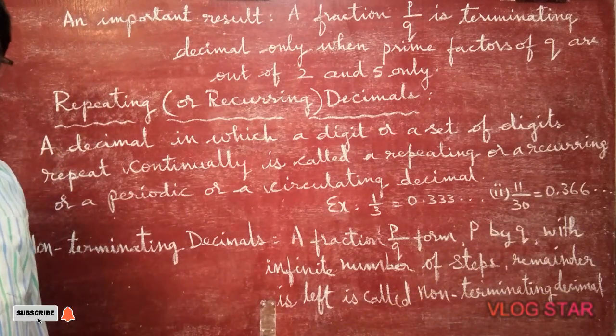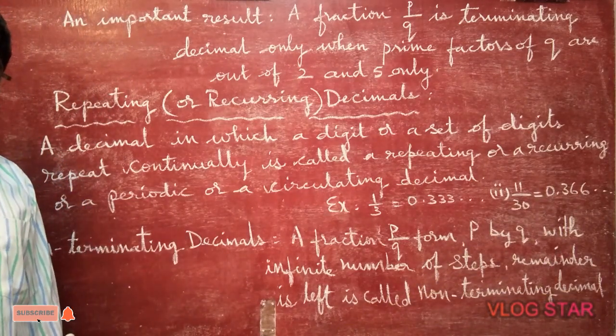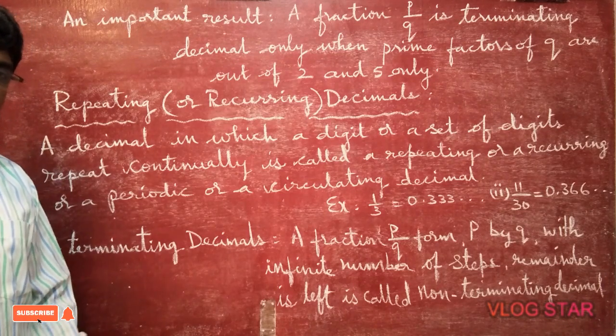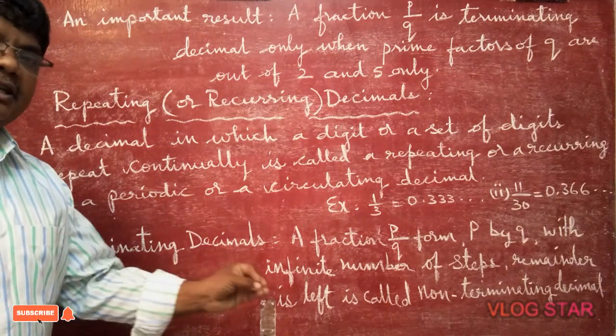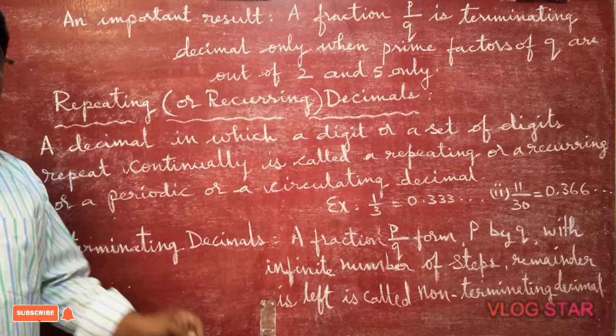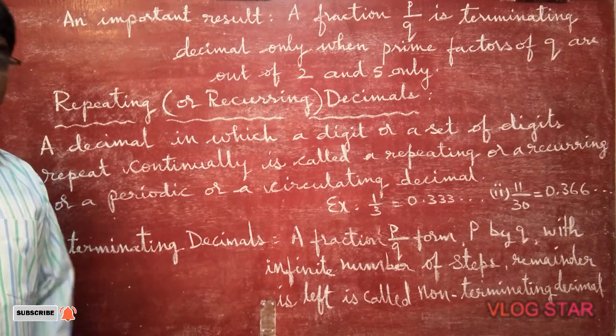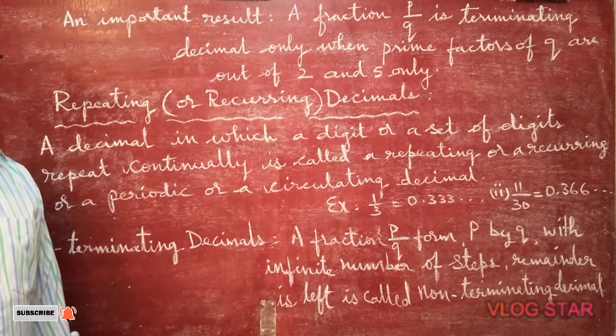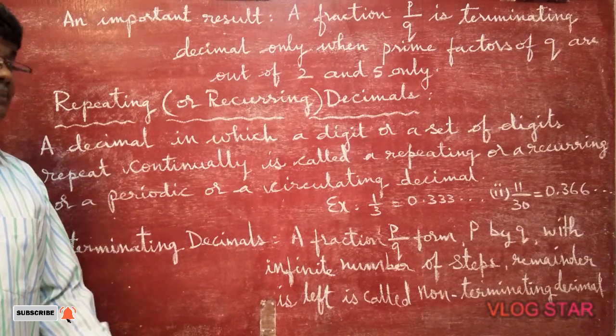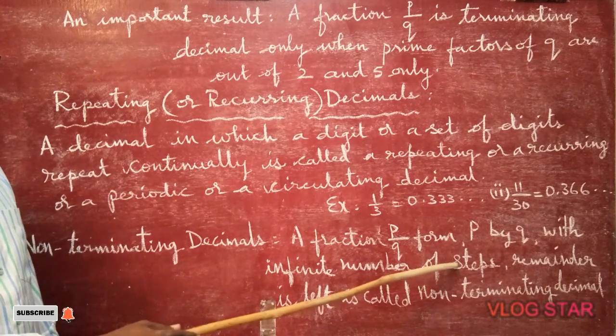So now you got what is a terminating decimal and a non-terminating decimal. Very simple, in one word: a finite number of steps is called terminating. An infinite number of steps is called non-terminating. Steps, not sets.